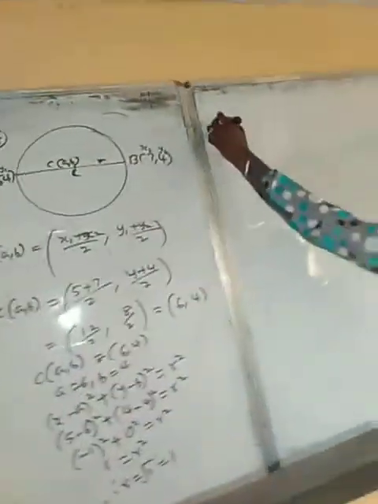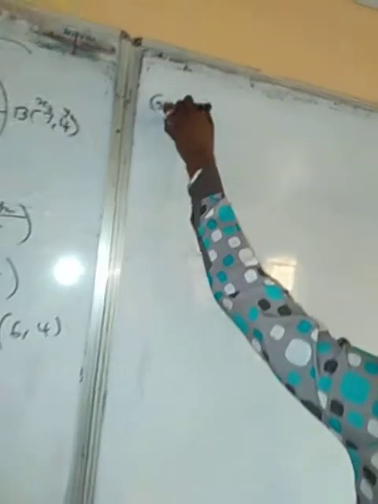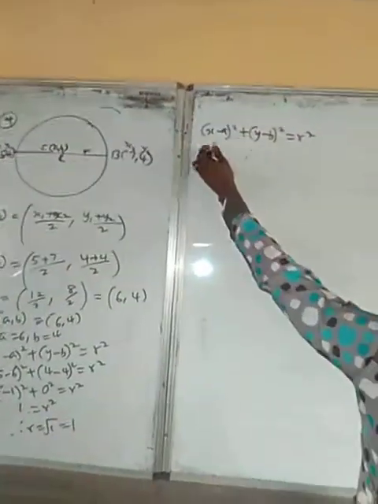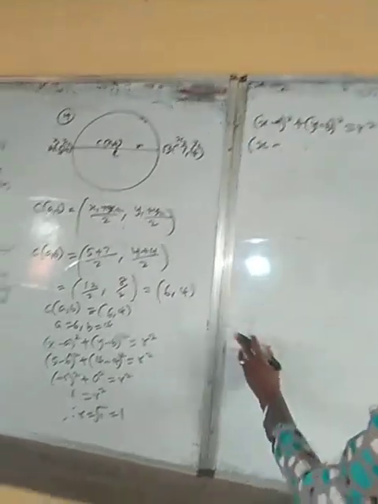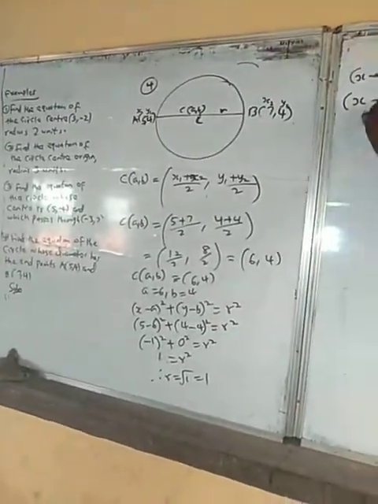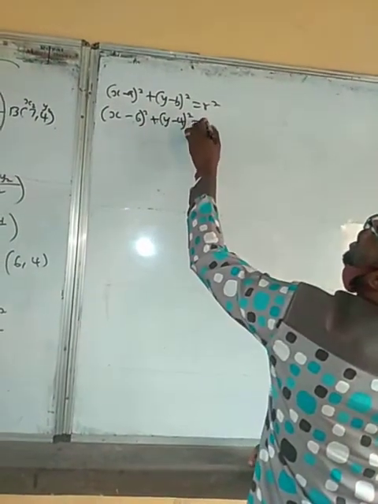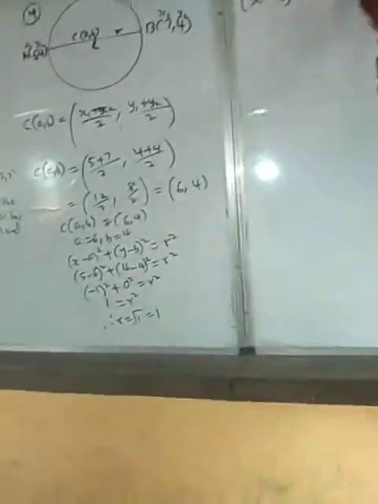So the equation of the circle (x minus a) all squared plus (y minus b) all squared is equal to r squared. So we have x minus 6 and y minus 4 squared, and r squared is 1.